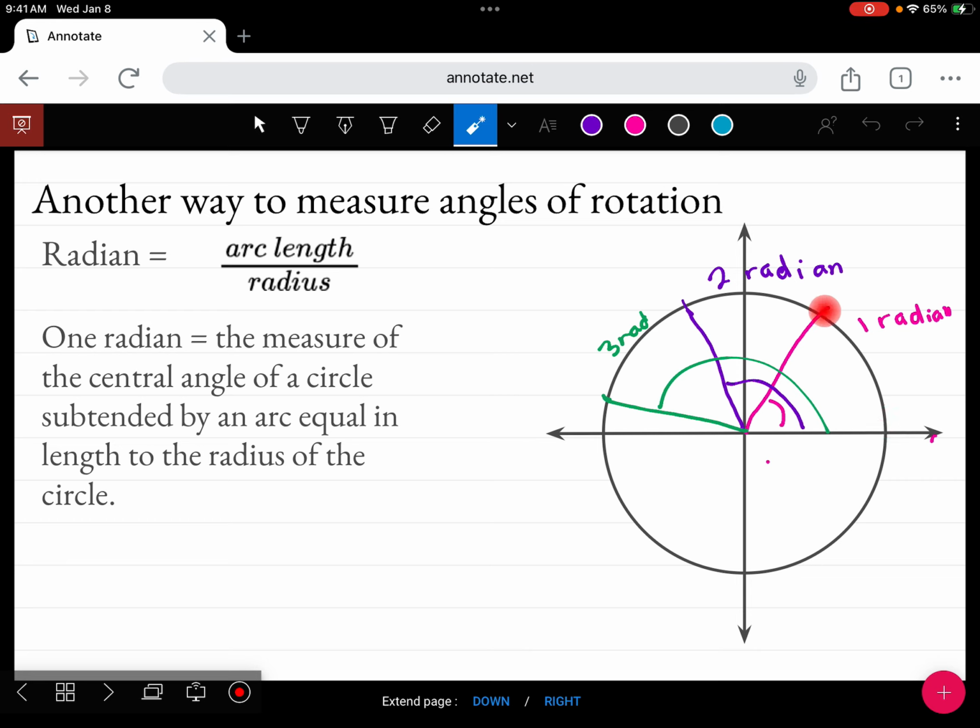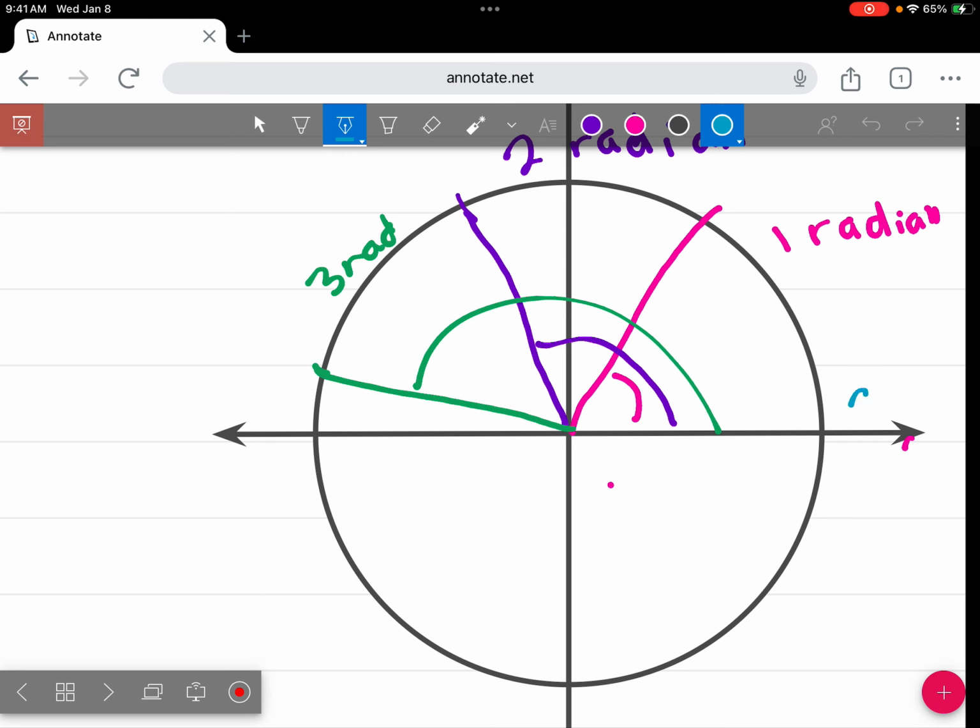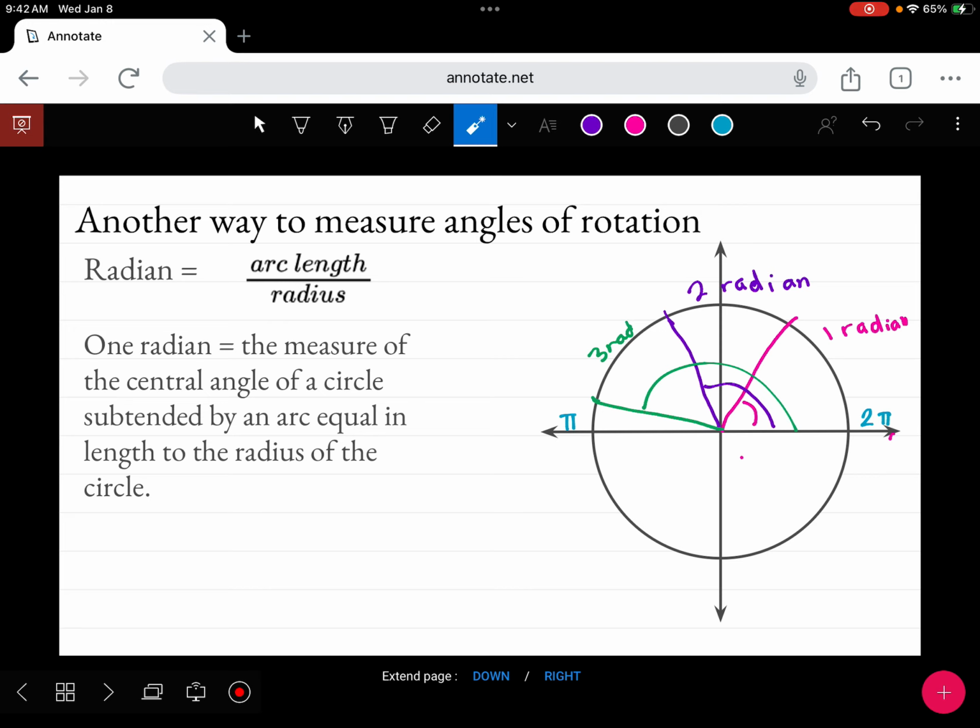Well, if this is 1 radius, 2 radius, 3 radius, this is 2 pi radiuses. So this is 2 pi, goes all the way around. So if we go halfway around, pi radiuses. So 1 radian, 2 radians, 3 radians, pi. We are going to work with this bunches and bunches and bunches. We will play with this a whole lot more tomorrow.